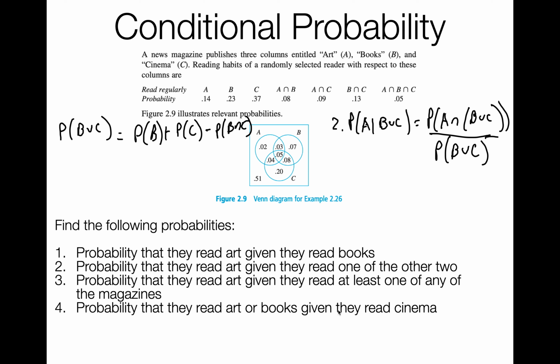The probability that B happens is 0.23, plus the probability that C happens, 0.37. That gets you to 0.6, minus the probability of the intersection of B and C, which is 0.13.